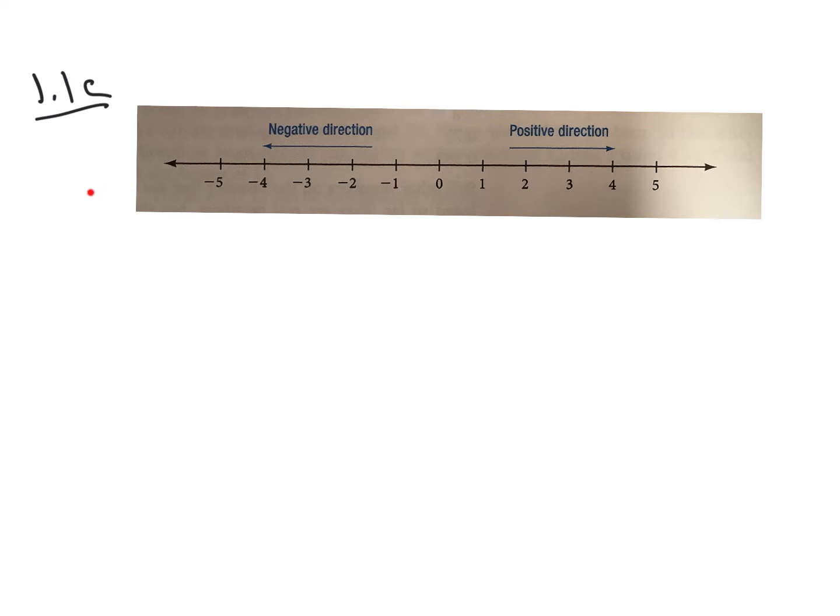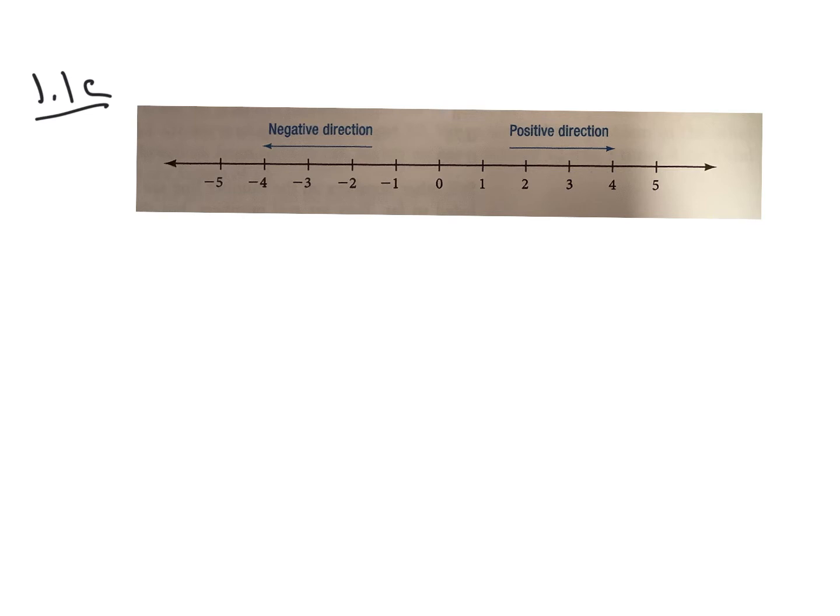A negative 10 is a smaller number than a negative 1, whereas a 10 is bigger than a 1. So the further you get from 0 to the right, the bigger the number gets. The further from 0 you go to the left, the smaller the number gets. So just something to remember there.